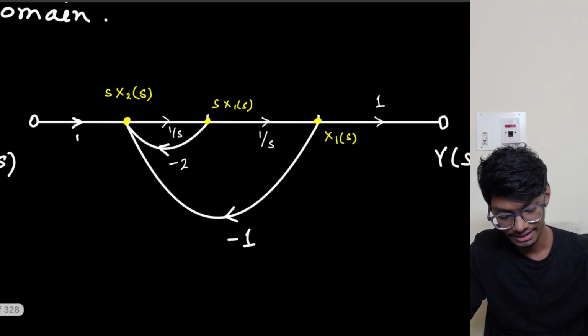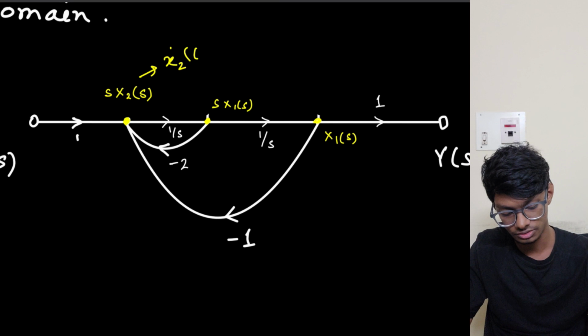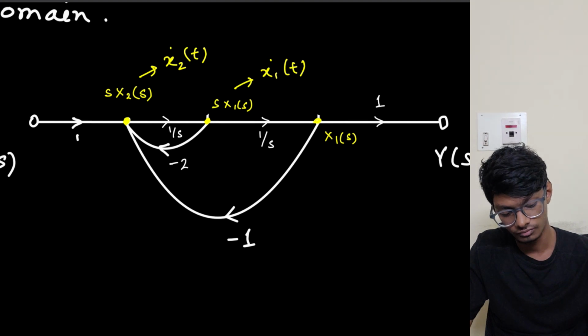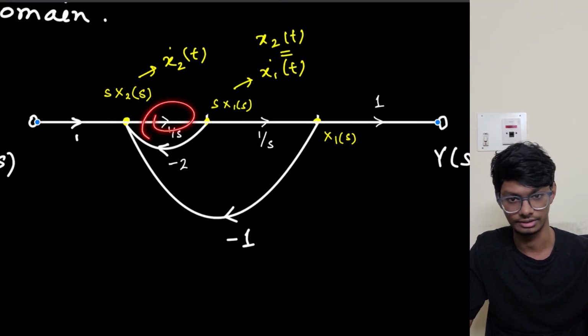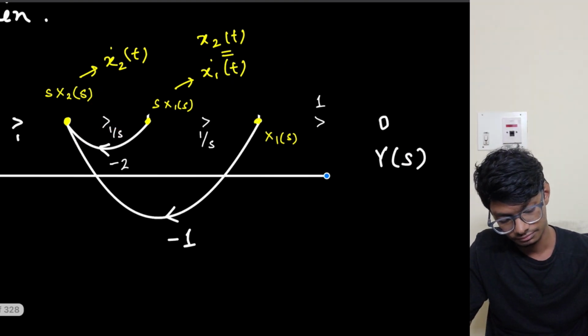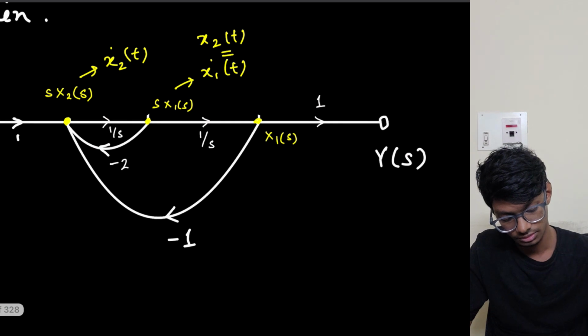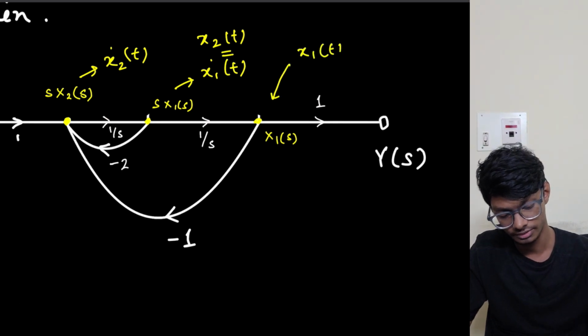And this sX2, what will it become? It will become x2 dot, right? This sX1, what will it become? It will become x1 dot, which equals x2 itself, right? Why? Because we're integrating it. Sorry, this X1(s) will become x1(t).